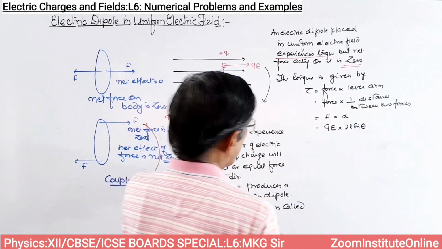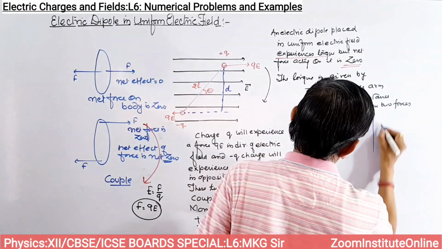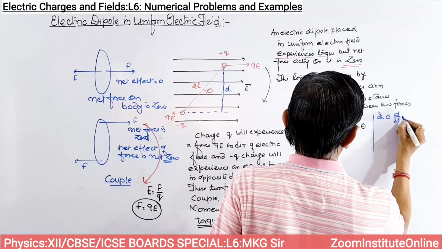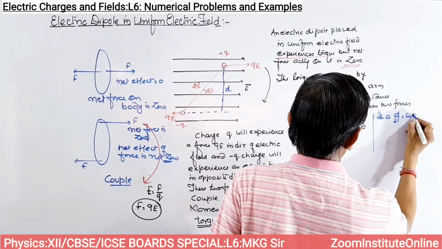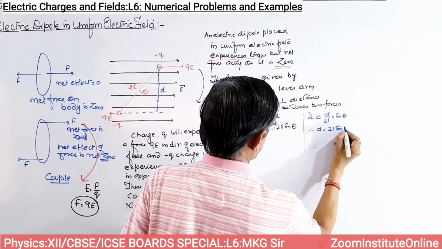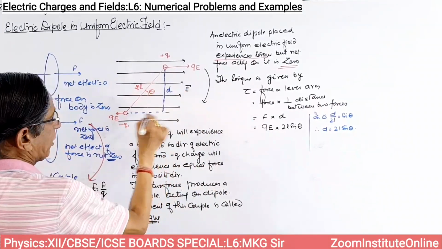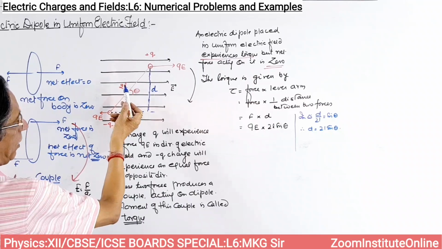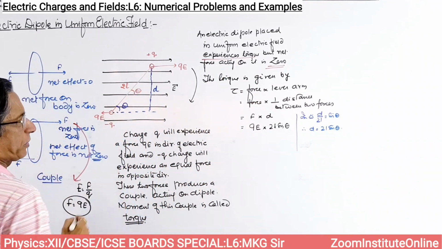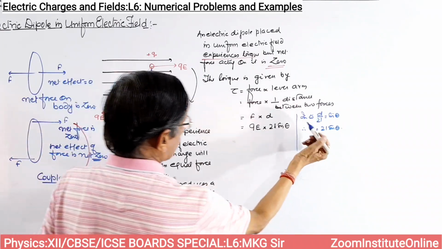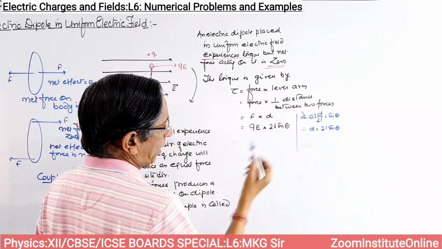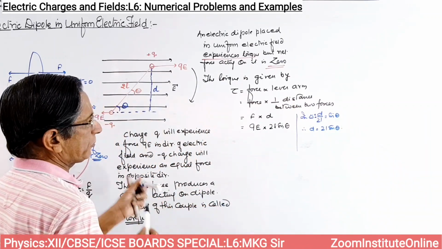You can watch here that in triangle d upon 2l is equal to sin theta, because this angle is theta, then this angle will also be theta. Therefore, d is equal to 2l sin theta.